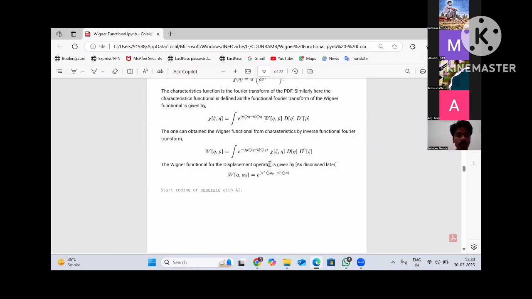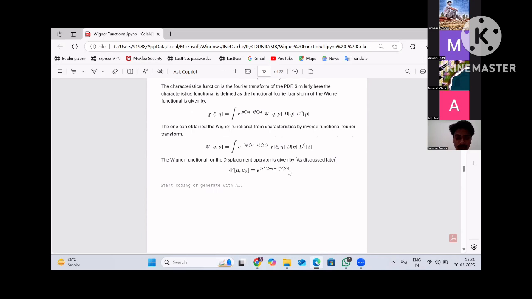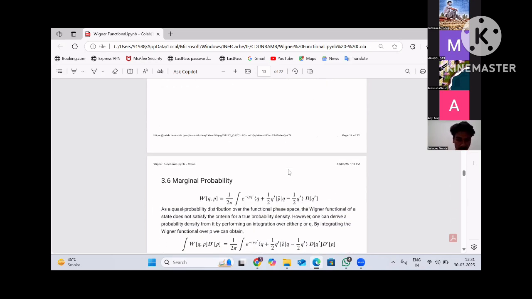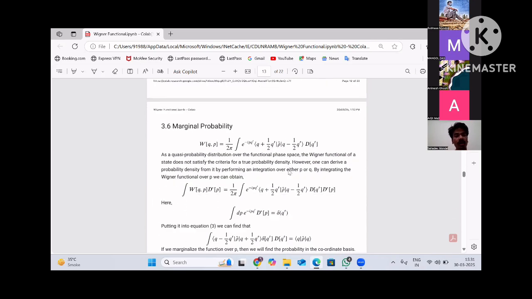The Wigner function can be written in this inverse transformation, where W is the Wigner function for the displacement operator, which you can write in terms of e to the power alpha star alpha naught minus alpha naught alpha star alpha. Now we are talking about marginal probability.